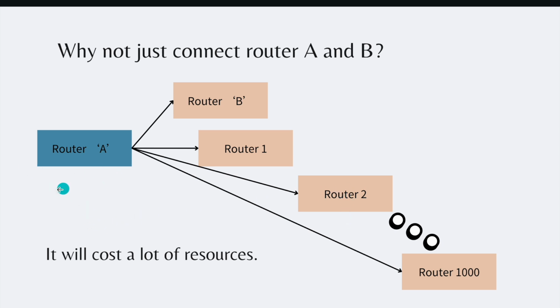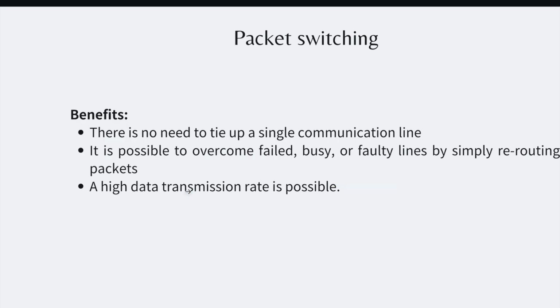If router A needs to communicate with thousands of routers, then we will need to build a line between router A and each router. It will cost a lot of resources.